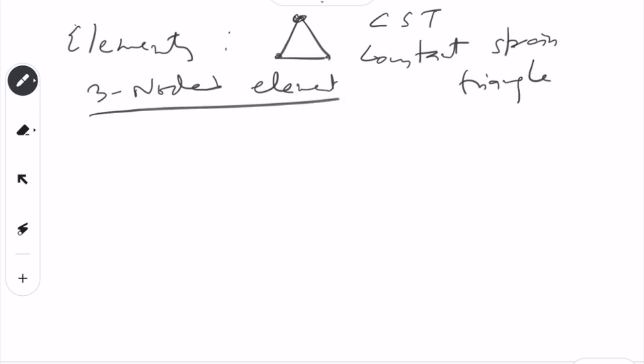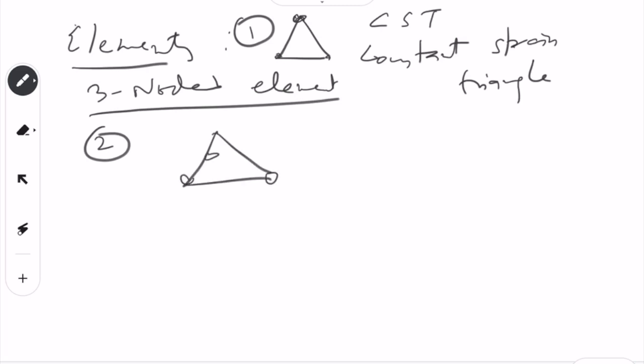I think first let us formulate in general. These are all the examples. Example number 1 is this one. Example number 2 will be a 6 noded element like this.